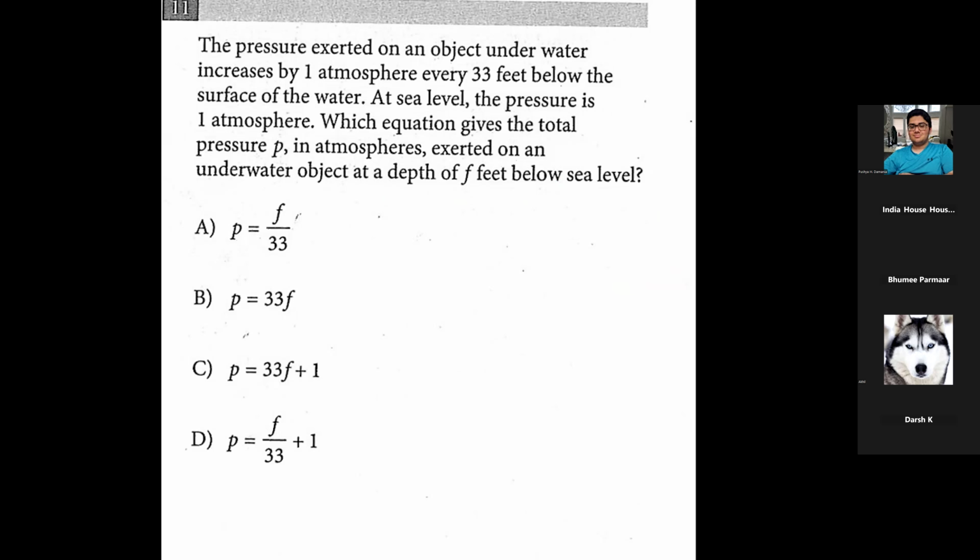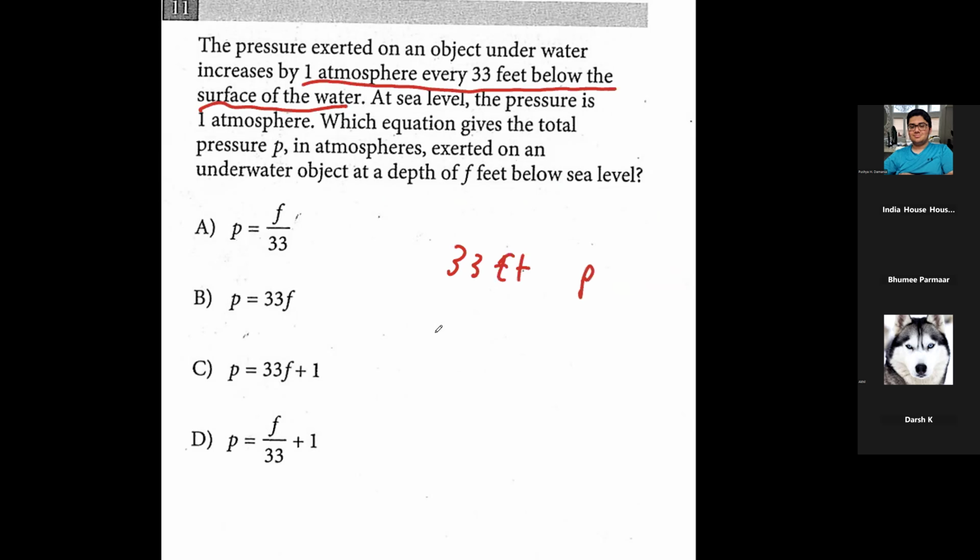Okay, so for question 11, the pressure exerted increases by 1 atmosphere every 33 feet below the surface of the water. So every 33 feet, we increase the pressure by 1.